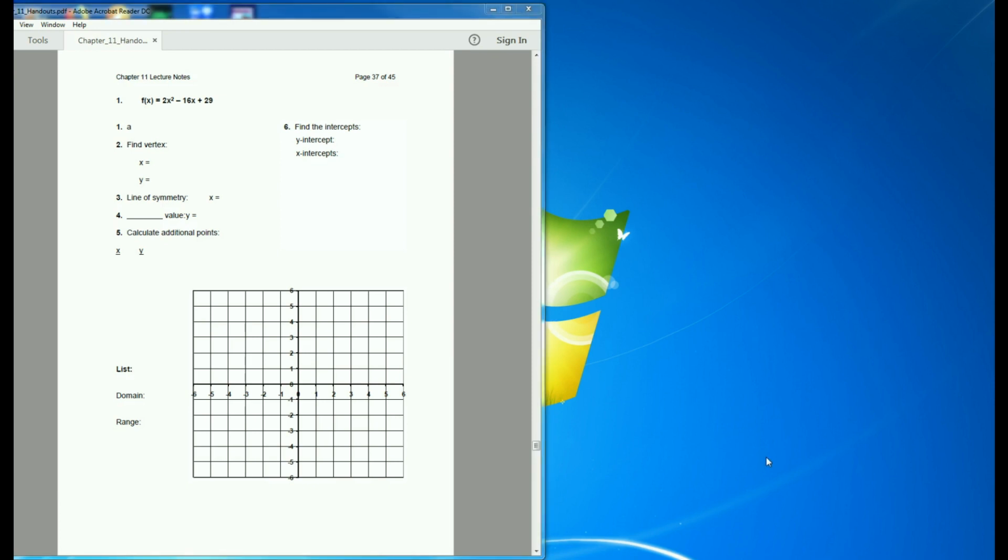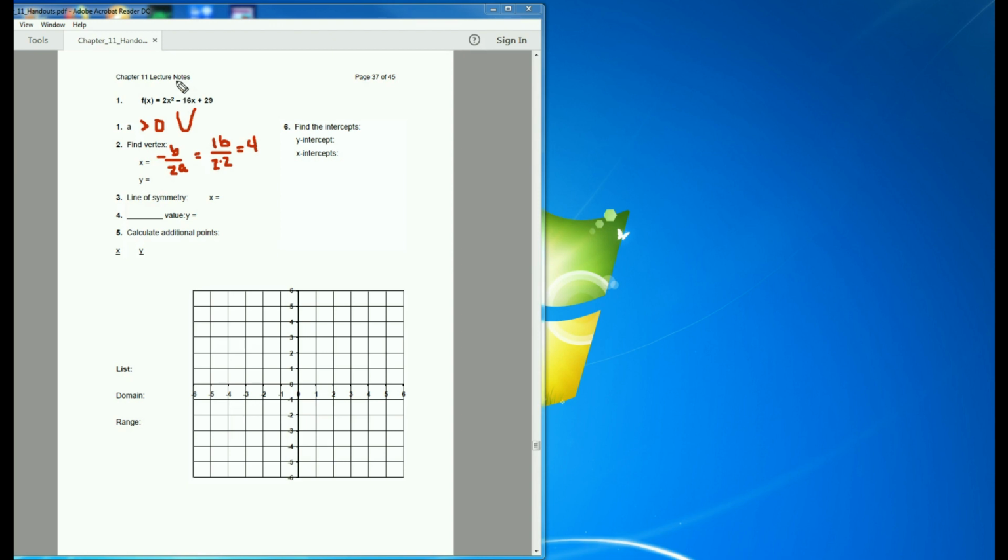All right, so let me run through this one real quick. Presumably you have already done it. 2x squared minus 16x plus 29. Again, a is greater than 0, so it's going to open up. Finding the vertex, x equals negative b over 2a. So b is negative 16, so negative b is positive 16, and then over 2 times 2, so that's 16 divided by 4, which is 4.